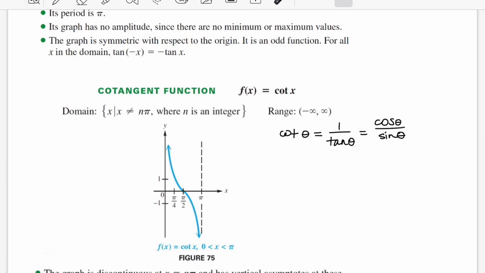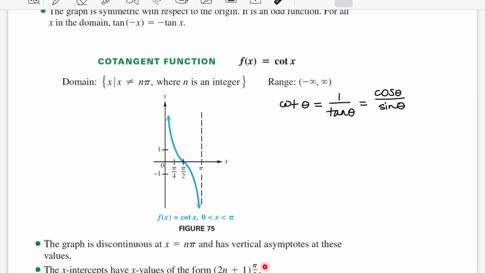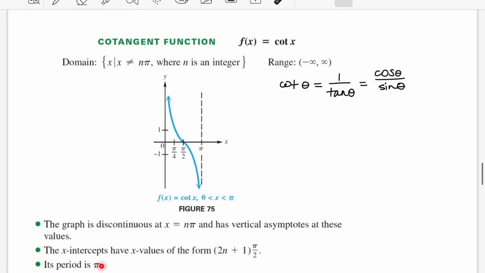And we know that that occurs at multiples of pi. So we have our vertical asymptotes when x is equal to 0 here and when x is equal to pi. The x-intercepts are going to have x values of this form here. Our period is going to be pi, and again, we're not going to have an amplitude in this case.